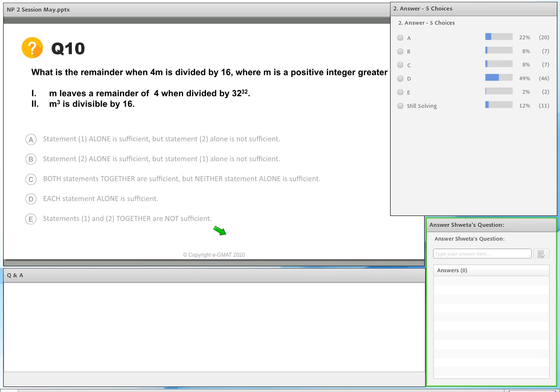The majority went with option D, which is correct. Good. So 49% of you got this correct. Last time you voted, I had 30% votes for option D. So it has definitely gone up.